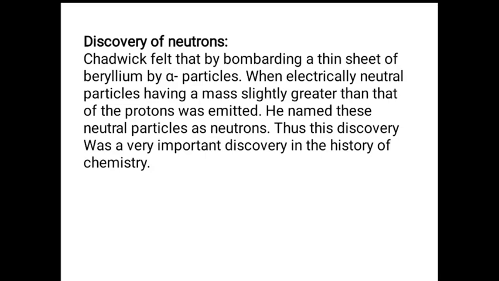Till 1920, neutrons were not discovered, but scientists knew that atom is neutral. According to Dalton, atom is always neutral. So since atom is neutral, electrons and protons were discovered. Electrons carried negligible mass, whereas protons carry certain mass.